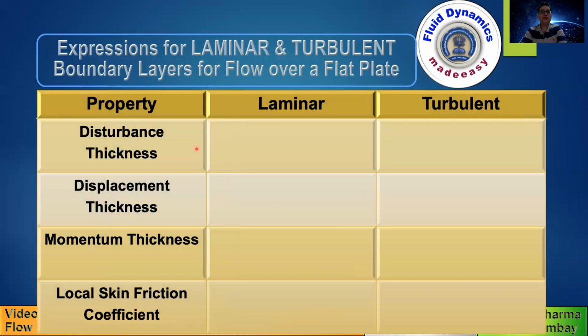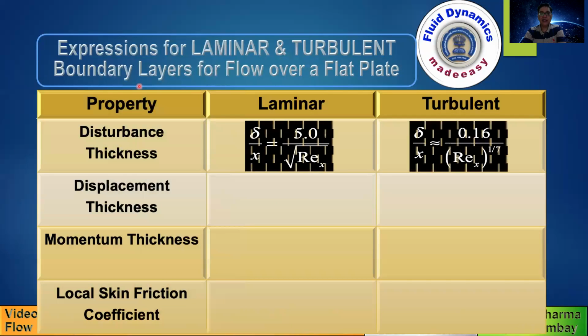Finally, I had mentioned that using a similarity technique, you can derive the mathematical relationship for the boundary layer thicknesses and the local skin friction coefficient, and the final expressions have been obtained for laminar flow and for turbulent flow.